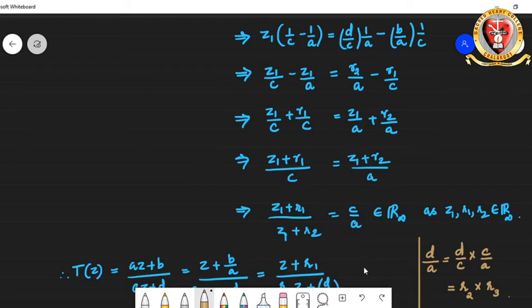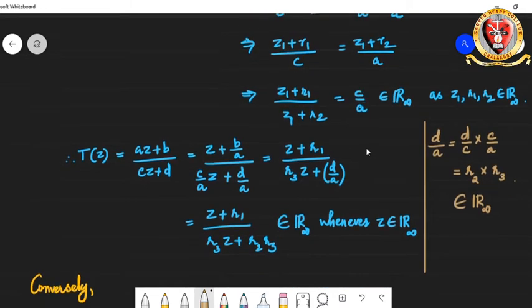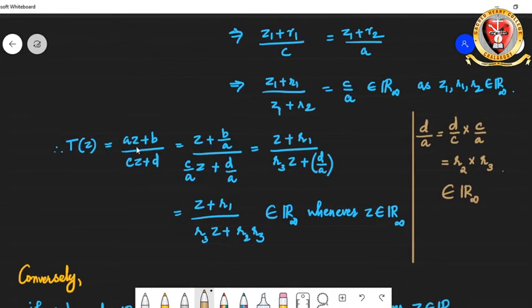Okay. So now let's think about T of Z. T of Z is nothing but AZ plus B divided by CZ plus D, right? So this is equal to Z plus B by A divided by C by A into Z plus D by A. That is nothing but Z plus R1 divided by R3 Z plus D by A, right?